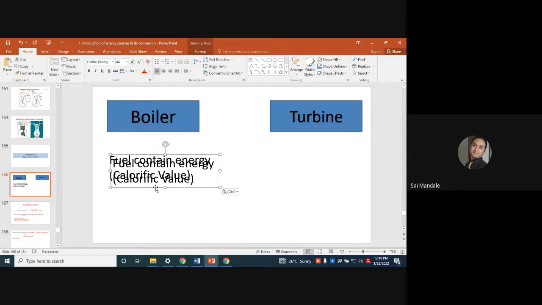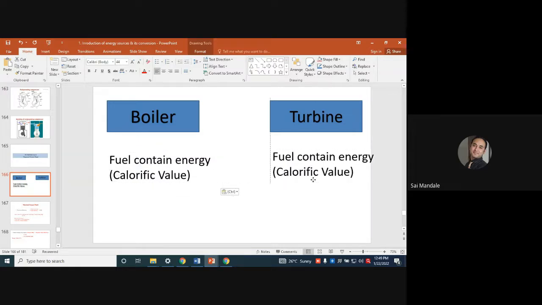Next, talking about turbine. What is the output of turbine? Mechanical energy. Okay.